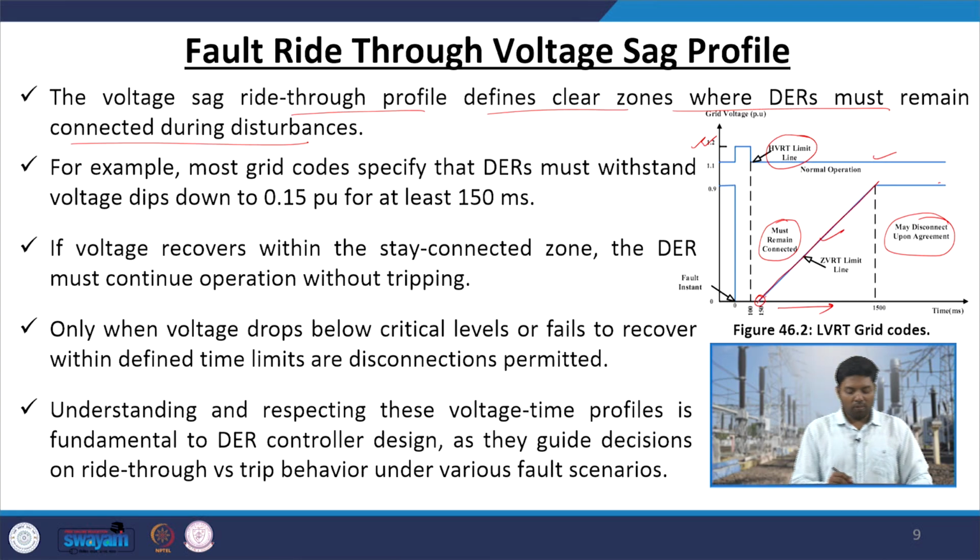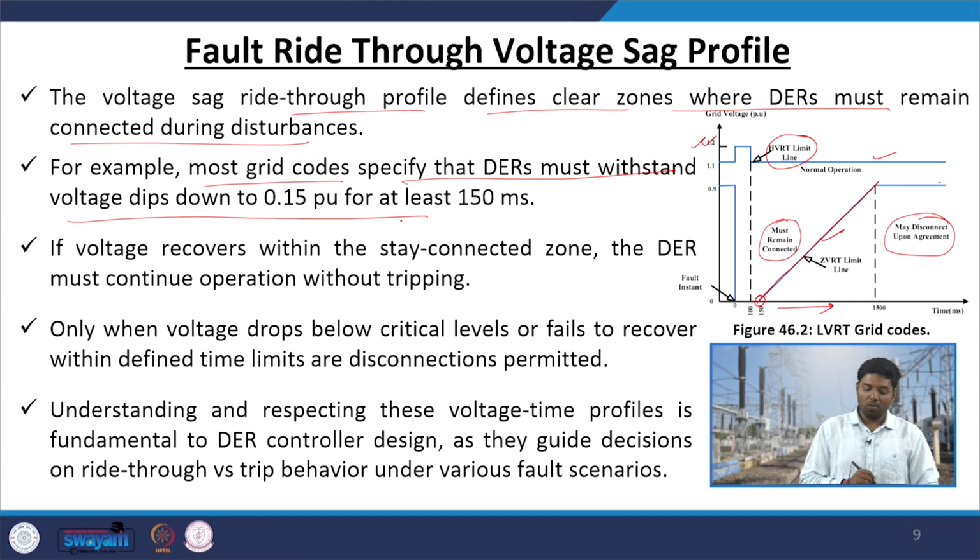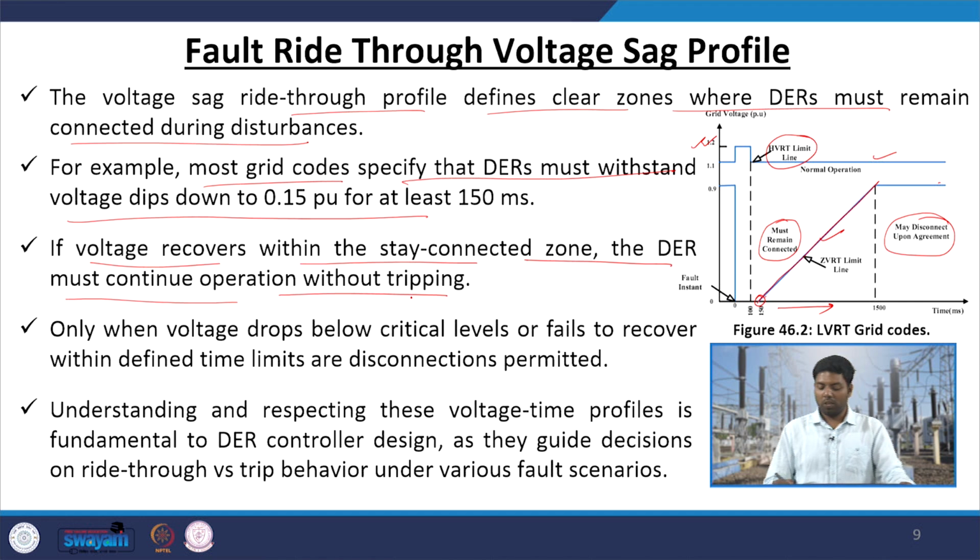For example, most grid codes specify that DERs must withstand voltage dips down to 0.15 per unit for at least 150 milliseconds. If voltage recovers within the stay connected zone, the DER must continue operation without tripping. That means till that point you are connected; after that, if your voltage recovers, you remain connected.